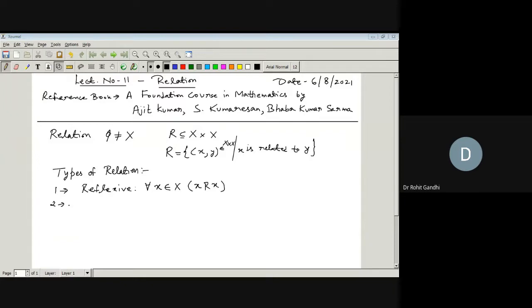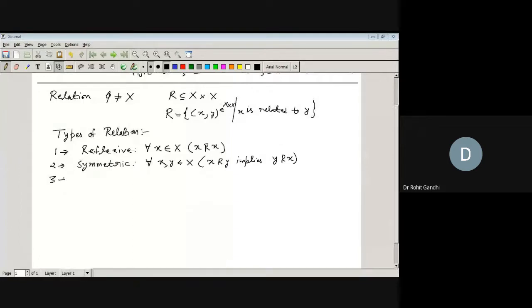The second one was symmetric. If we take any two elements in our set X, and x is related with y implies y is related with x also, then we say that the relation is symmetric.